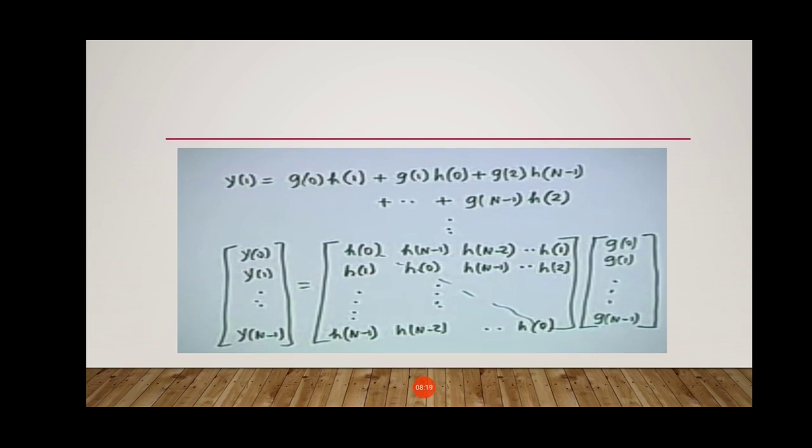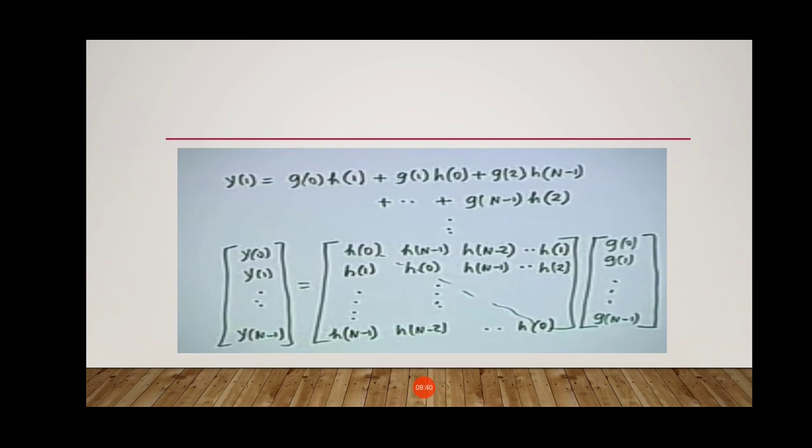Here in the matrix where we have put all the impulse responses, we see the impulse responses move in a circular motion.